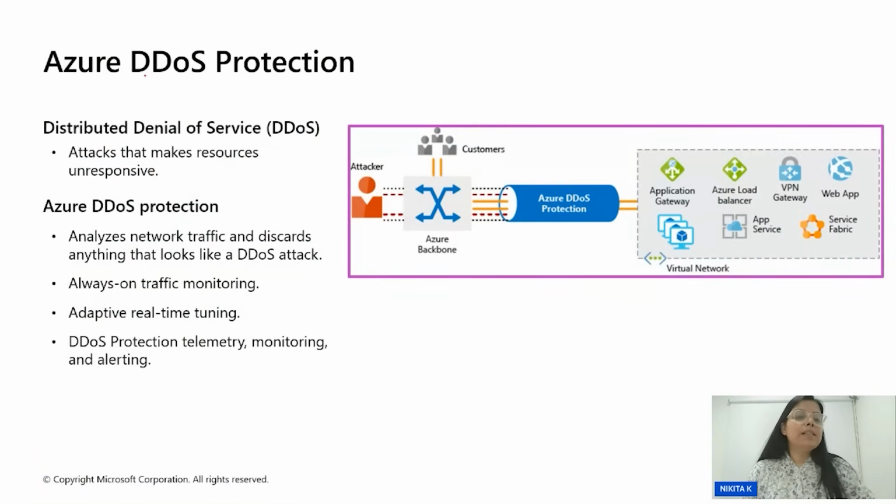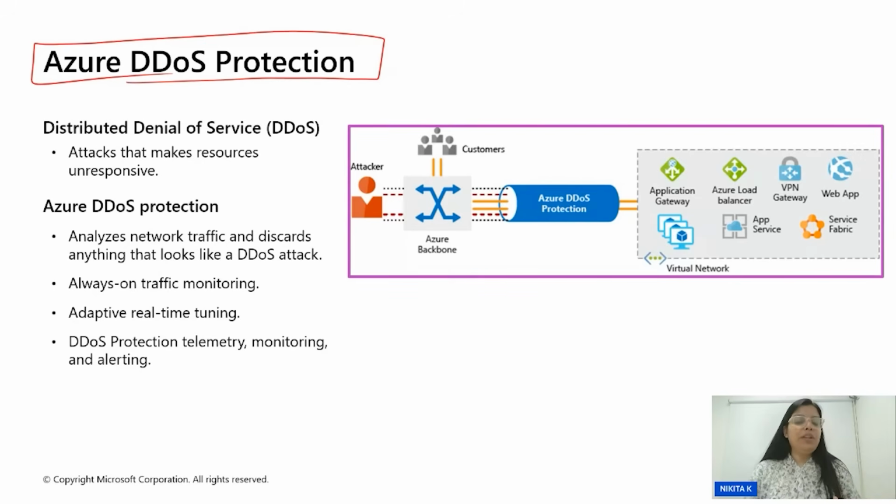So first, we will be discussing DDoS protection. Before going to DDoS protection, first we need to understand what DDoS is. DDoS means distributed denial of service. If you remember, when you're visiting Amazon or Flipkart, sometimes the website goes down.